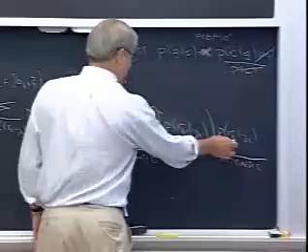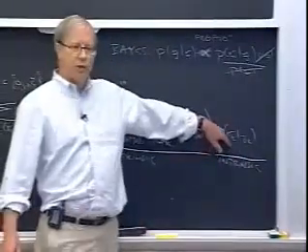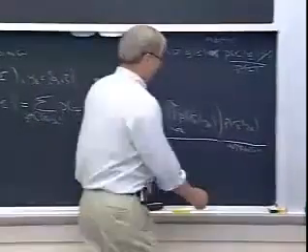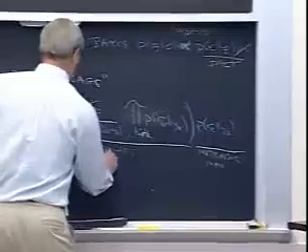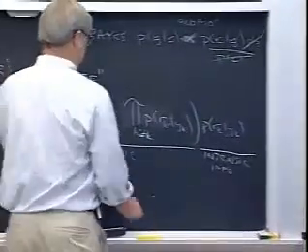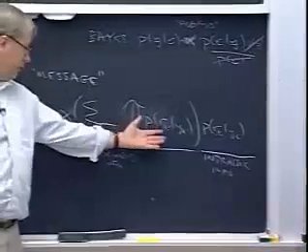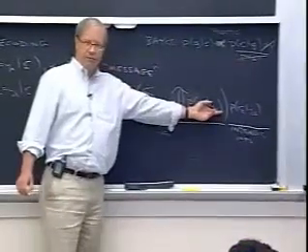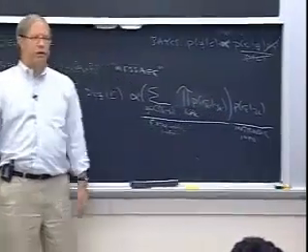This part, the direct likelihood of the symbol given what you received corresponding to that symbol, is called the intrinsic information about yk. And this part, which has to do with the likelihood of yk given all the other yk prime, for k prime not equal to k, is called the extrinsic information.